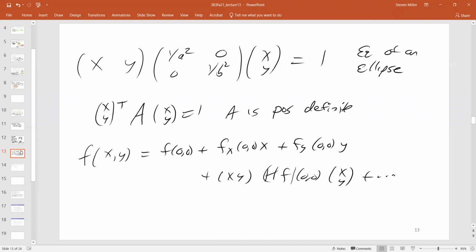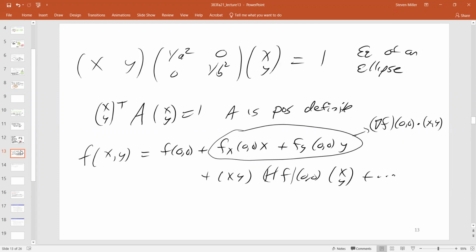Well, if I'm near a critical point, what's true about the gradient of f at a critical point? So this part here is just the gradient of f at 0, 0 dotted with the vector x, y. At a critical point, what's true about that?